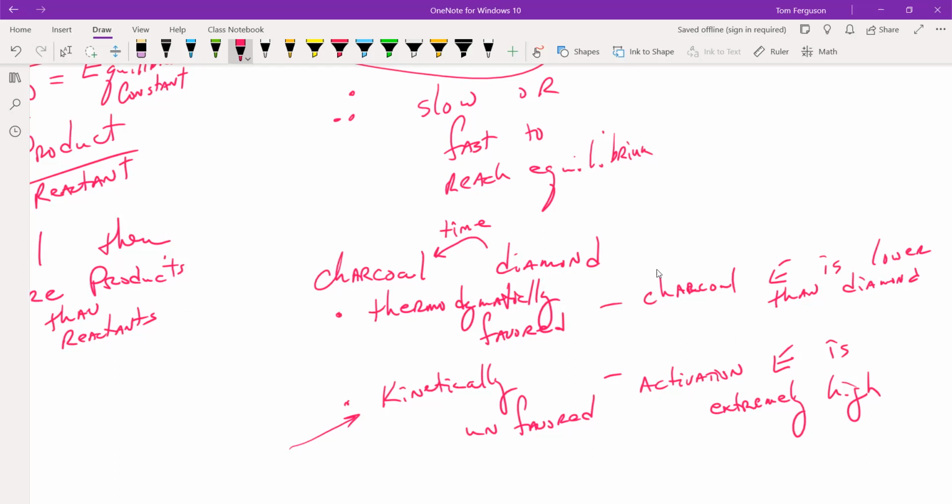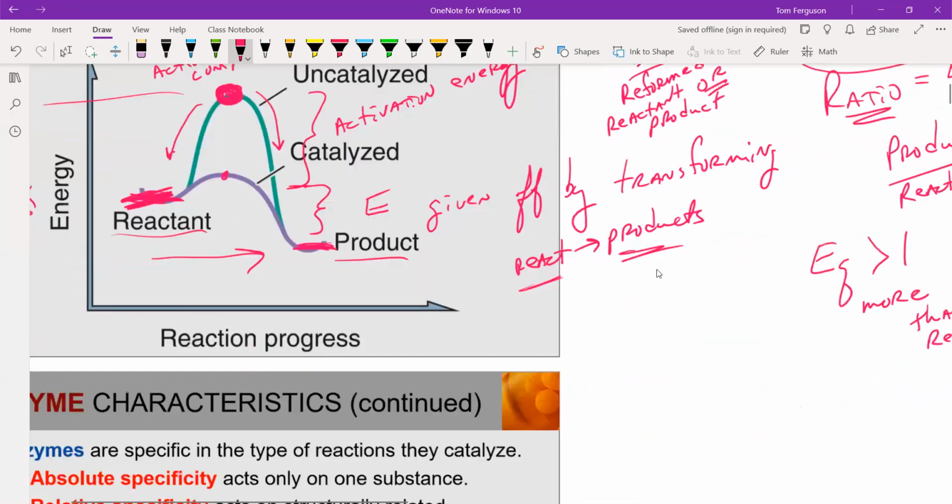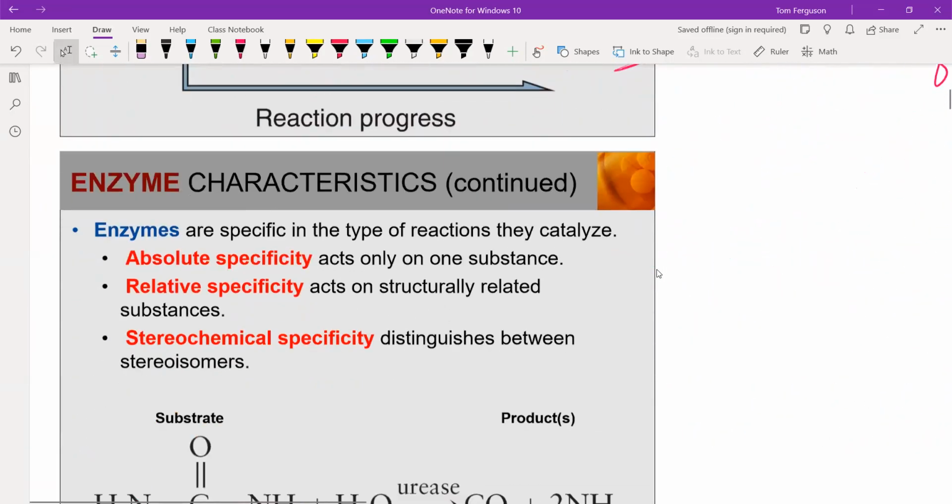That nice investment, not anymore. Okay, so these two are fundamental in every single reaction in the universe. There's a thermodynamic component and a kinetic component. Every single reaction. I don't know if you touched on this in 305 or not, but it's really important. Okay, so let's go on here.